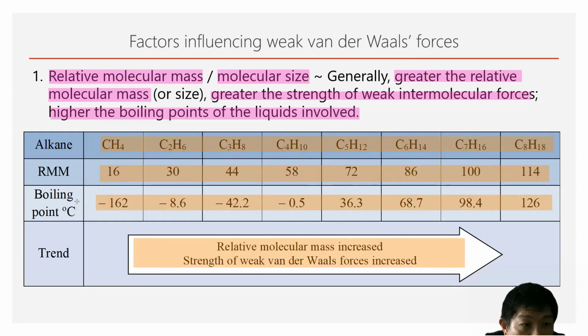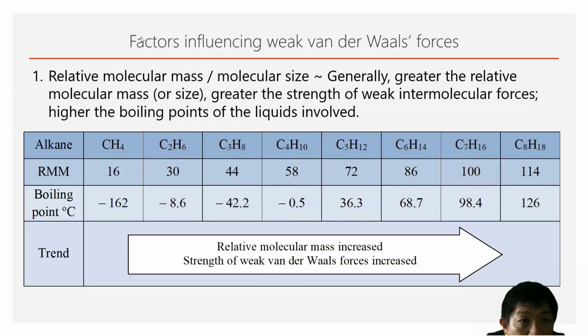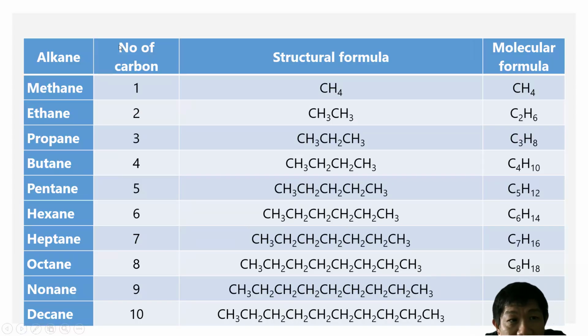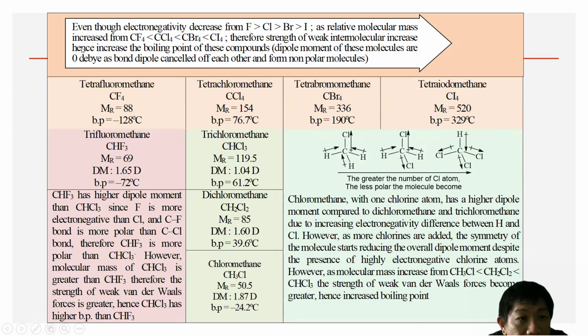Okay, so this is the primary factor that influences the strength of the weak van der Waals forces. Let's together have a look at some specific examples that I prepared for you, where we are talking about the carbon halides. Let's start from this one first.